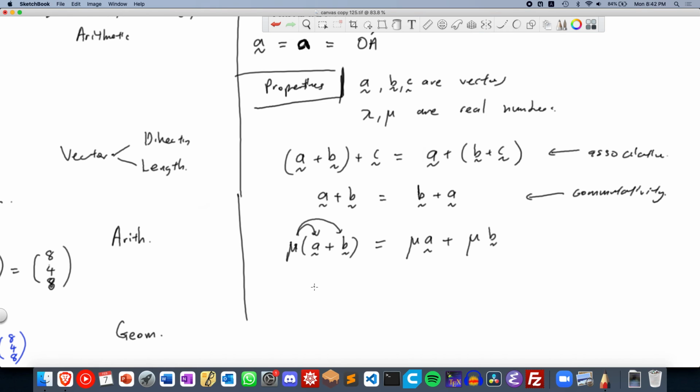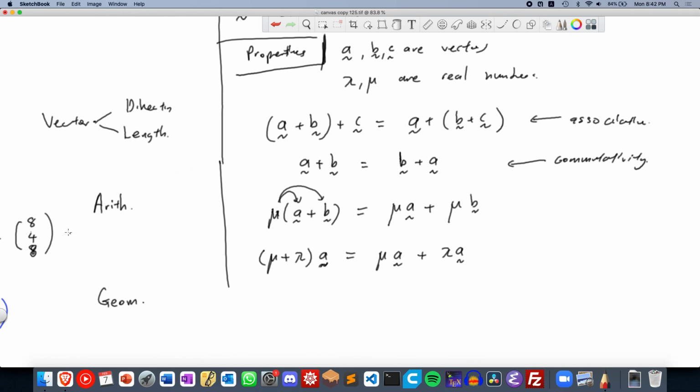And likewise, you also have distributive in the other sense, which is that you have mu plus lambda. If you have a real number that is constructed by adding mu and lambda, and you then use that real number to scale a vector, then that corresponds to scaling the vectors individually and then adding them up. It's quite important to understand what happens when you're adding and multiplying.